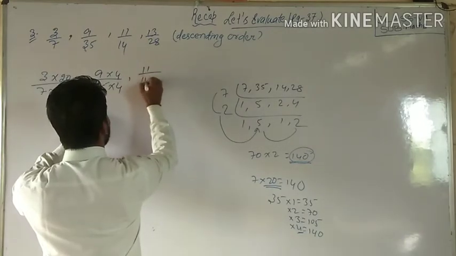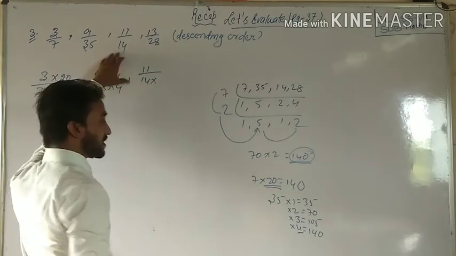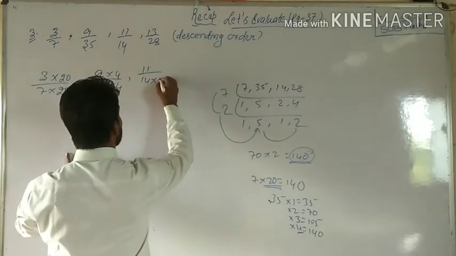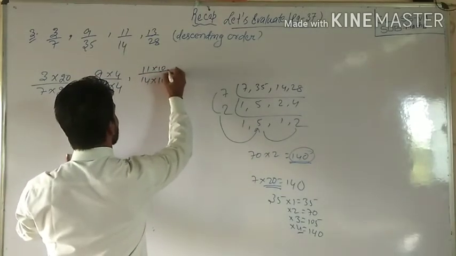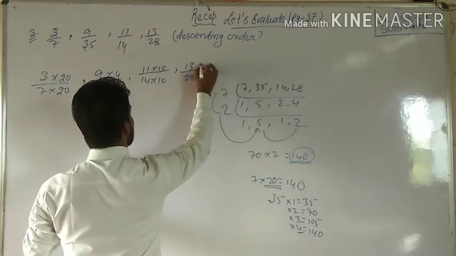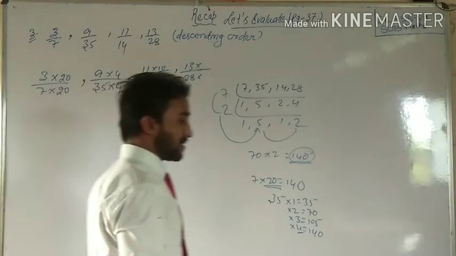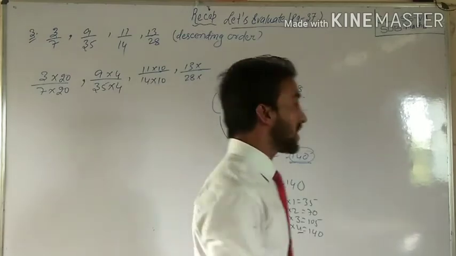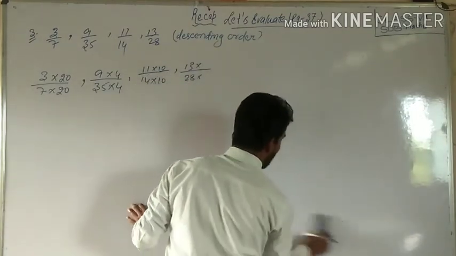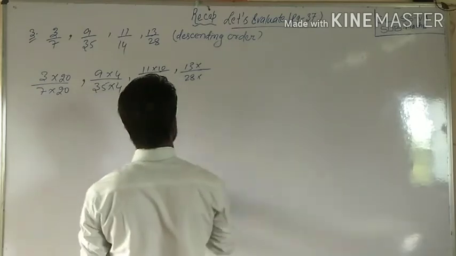So 11 by 14: 14 into which number becomes 140? It means 10. See 13 by 28. Students, 28 will be multiplied by which number so that its product will be 140? You have a number? Which number? 5.